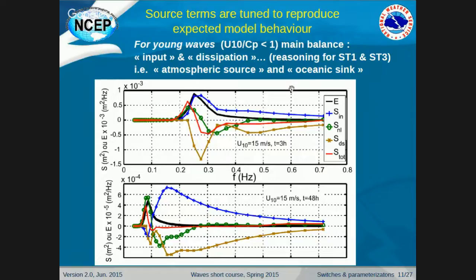So this plot gives you one possible quasi-balance. It's not exactly balanced because the sum of all the terms, so you have three terms: the input, the nonlinear interactions, and the dissipation, and the sum of all three is the red curve. This corresponds to starting from a uniform ocean with a constant wind speed of 15 meters per second, and that is the state of the ocean after 3 hours.